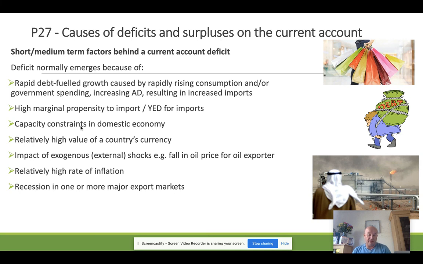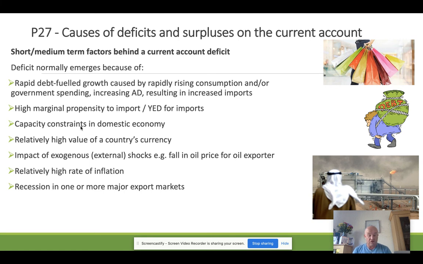Now clearly, if we can only produce certain goods and services, and we can't satisfy the overall capacity, if there's still demand for those goods and services, then in some instances we're going to find that people will try and find other sources of supply, and that clearly can then mean that more imports are going to be made in the short term, to satisfy demand.